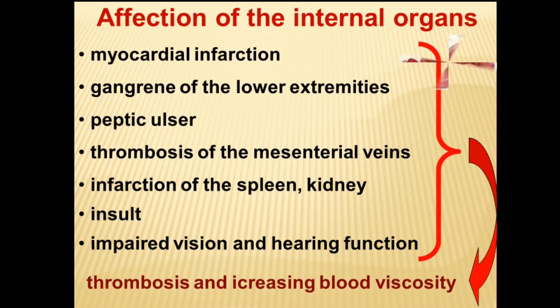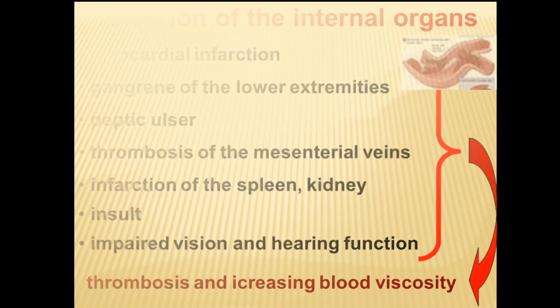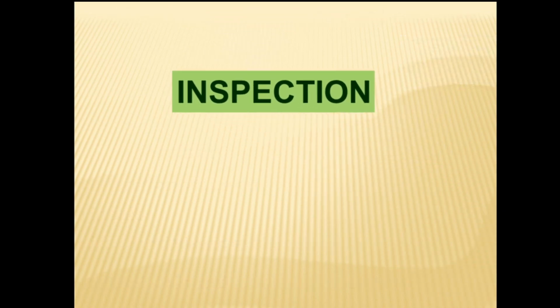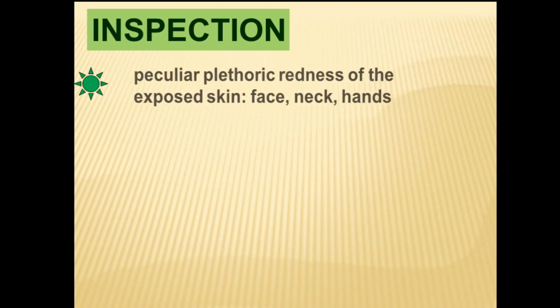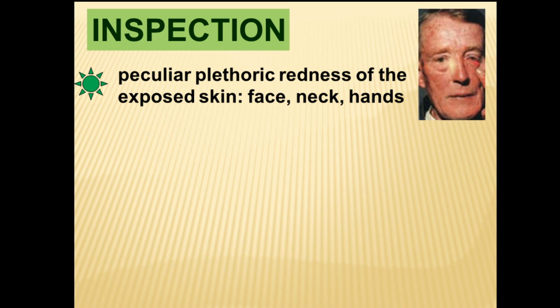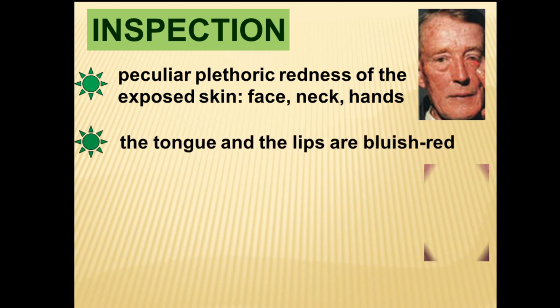But I'll again draw your attention: it is a problem due to increased blood viscosity, but not due to changing coagulative blood properties. On inspection, we see reddish, first of all exposed skin: face, neck and hands.